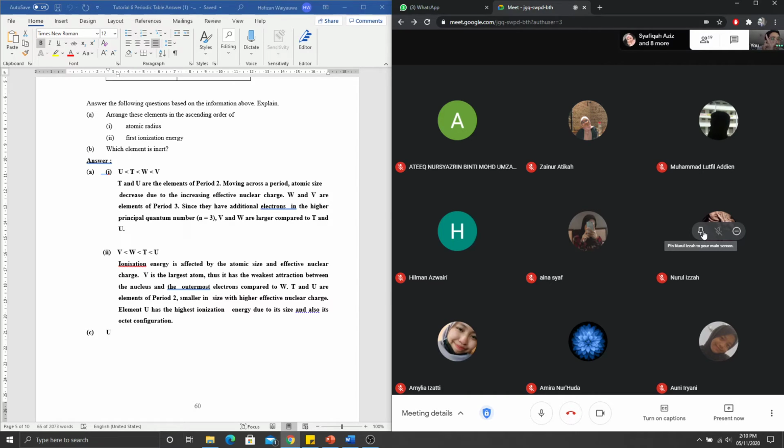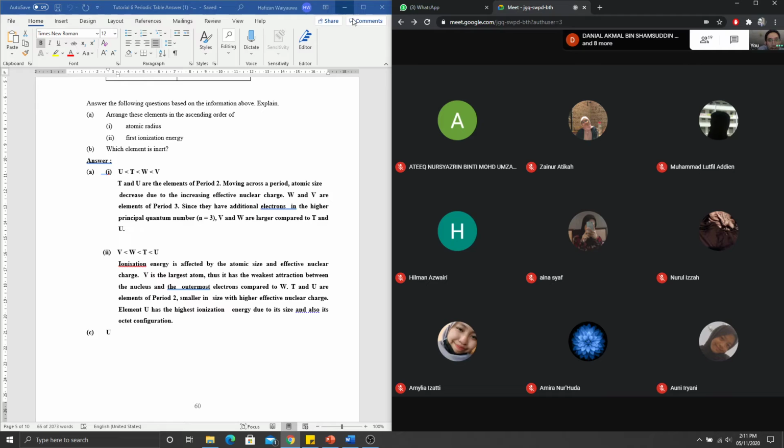Dengan shielding effect, tak kisahlah dia tanya pasal macam tadi atomic radii, ataupun dia tanya electronegativity, dia tanya ionization energy, semua benda tu you can explain using these two things. Yes, my slide macam itu banyak kan, but it's basically the same thing over and over again, so don't worry.